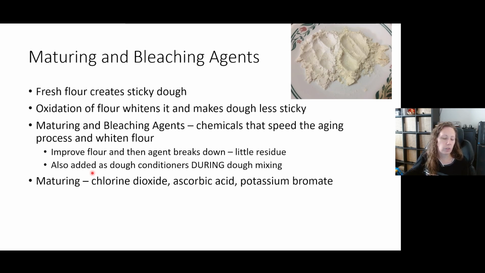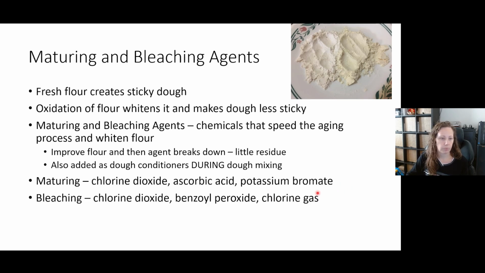Okay, so agents that mature the flour, that just do that oxidation process and get that dough less sticky, include chlorine dioxide, ascorbic acid, and potassium bromate. All right. Bleaching agents include chlorine dioxide, benzoyl peroxide, and chlorine gas.